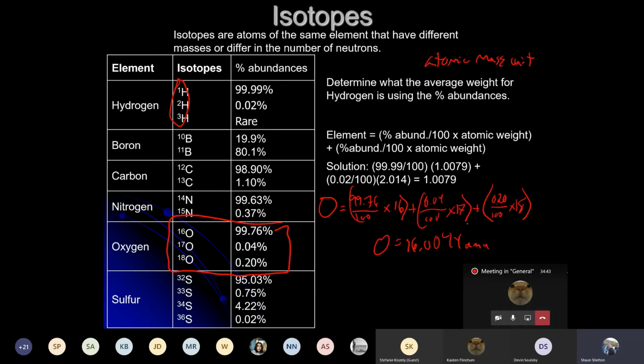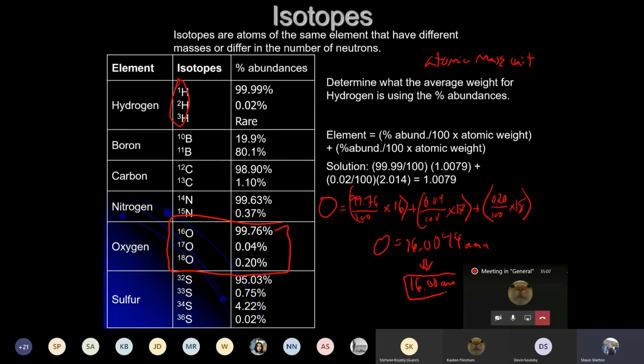Now the next thing you have to say is, okay, I got the number. Now in the book, oxygen is 16.00. If you look at the percent abundances, all of them stop at 2 decimal places. So I'm going to stop at the second decimal place.